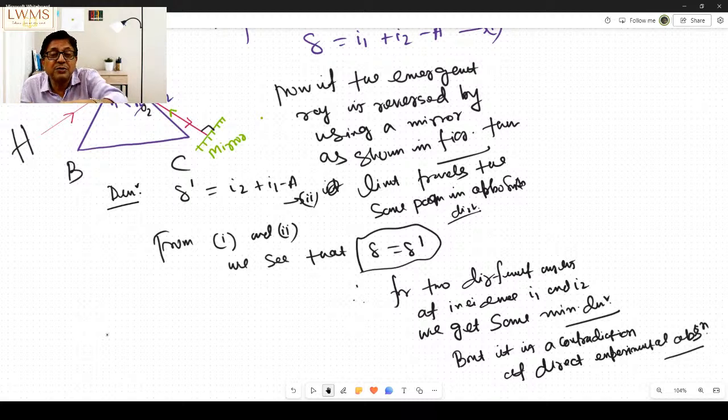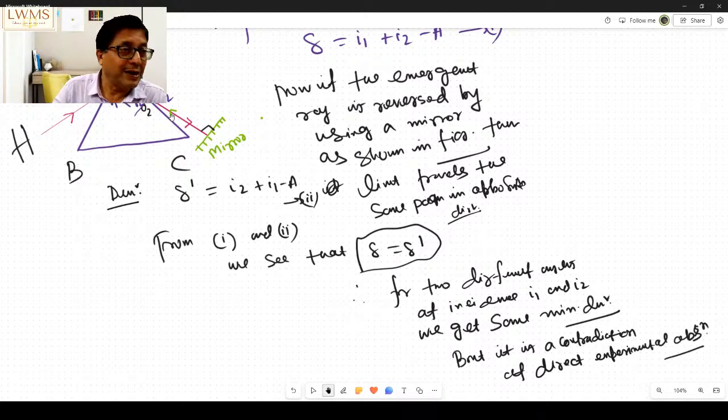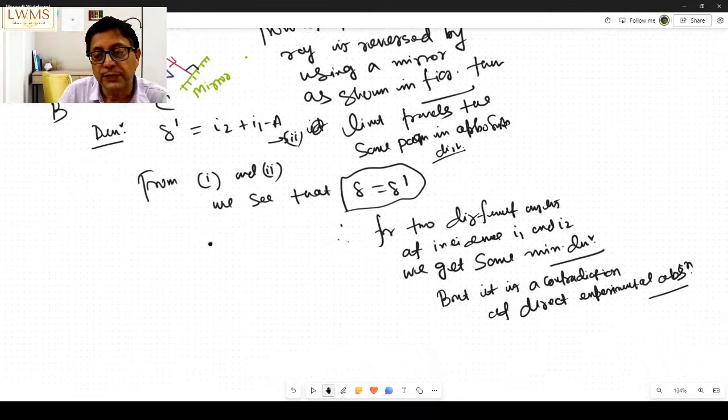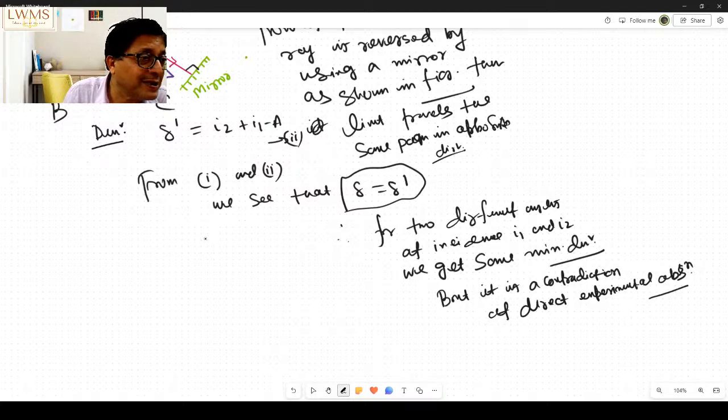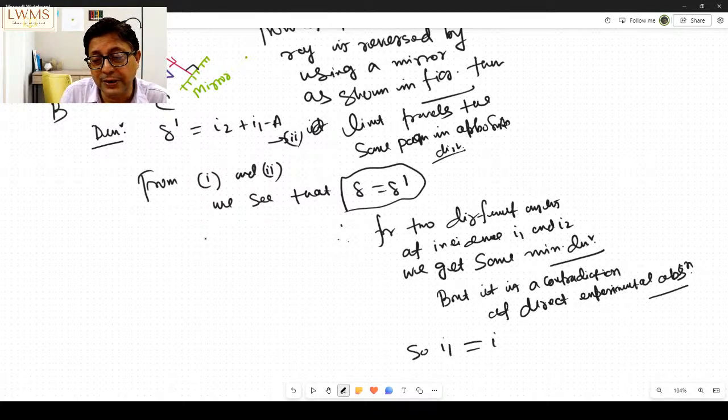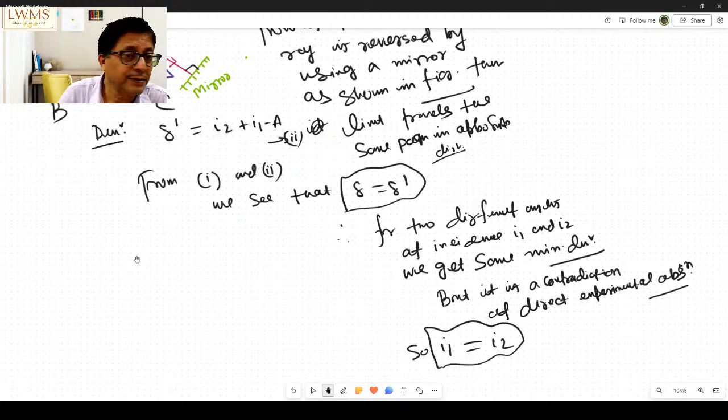It is contrary to the principle of direct observation. It is not possible. Clear? Therefore, I1 not equal to I2, which we initially assumed, is not true. So I1 must be equal to I2. Clear?